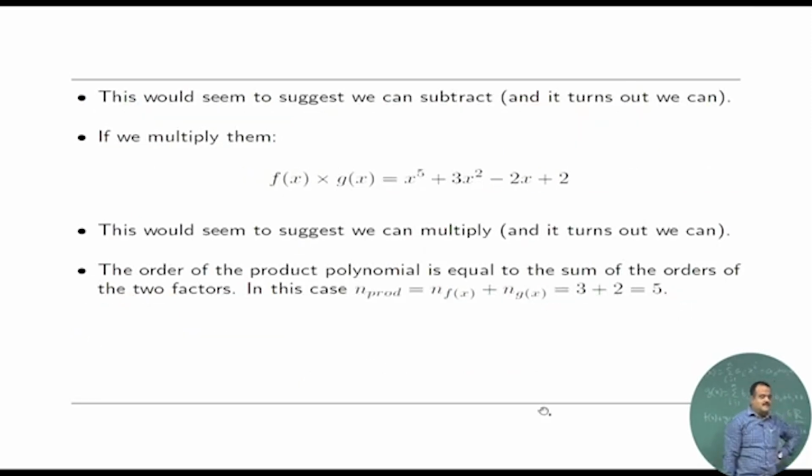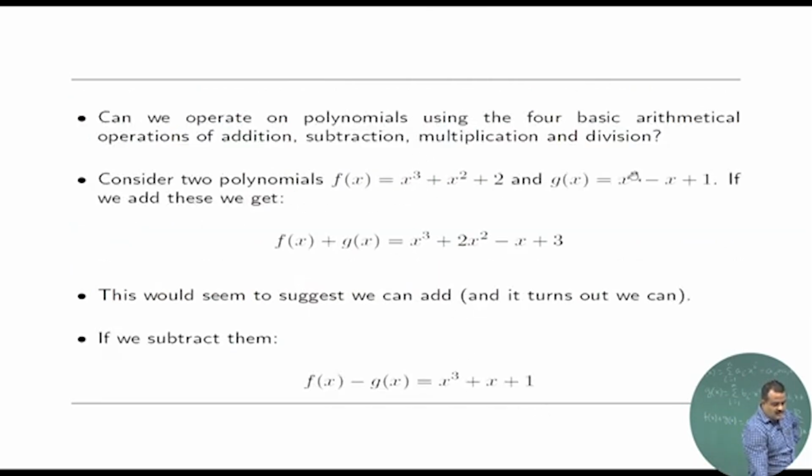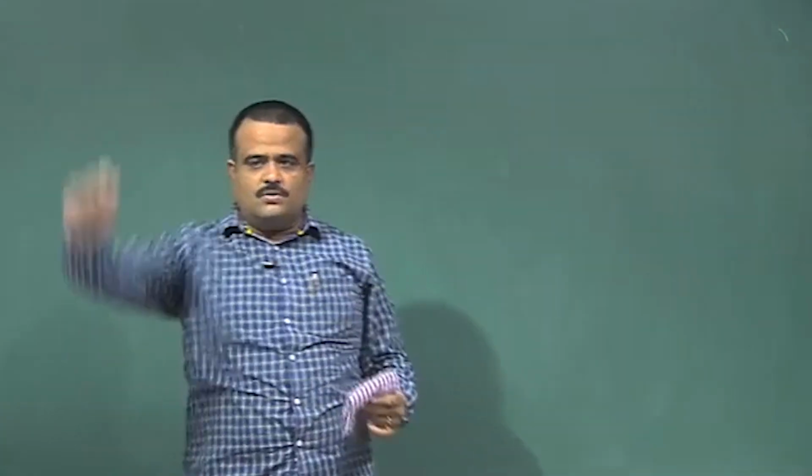And then the multiplication: if we want to multiply two polynomials, f(x) g(x), we just take this into this. So, this is the simple multiplication operation. Here x is just a symbol, the indeterminate variable, and all the operations will be over the coefficients.